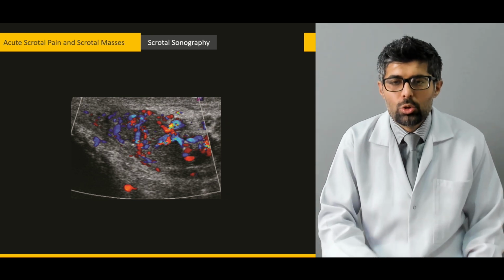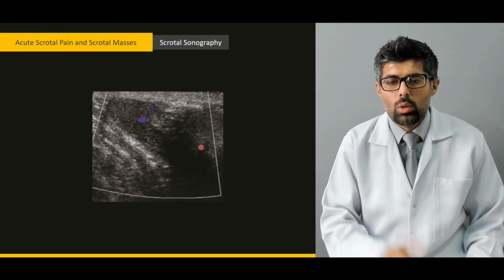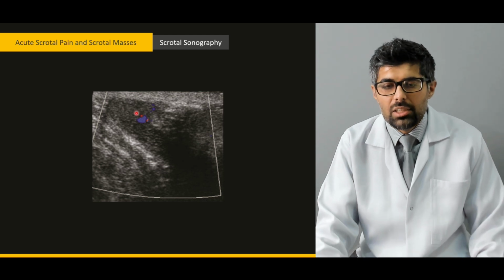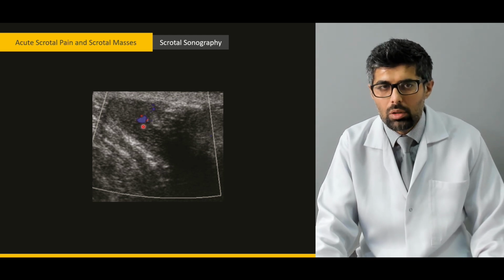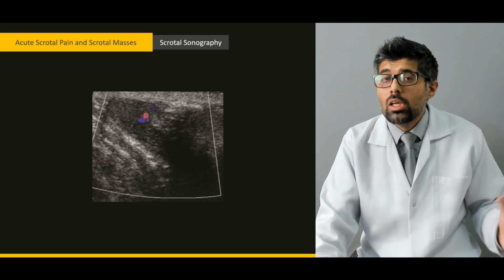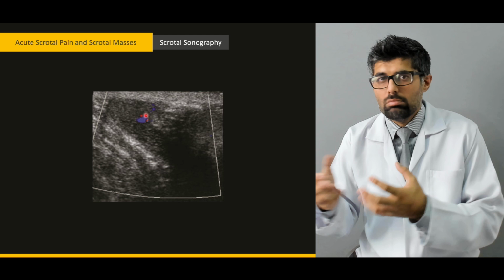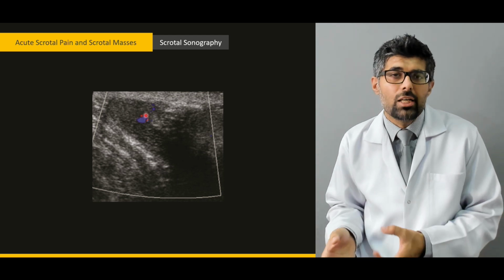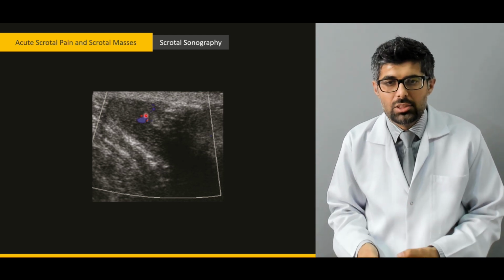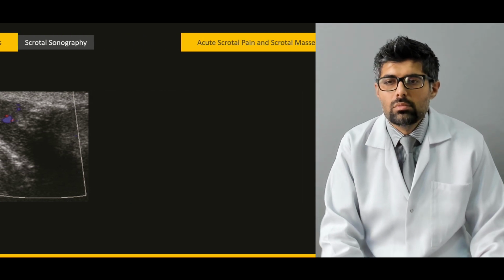In the other one, we can easily see that blood flow is normal, but in the previous one it was so much increased that it led to the suspicion and diagnosis of epididymitis.